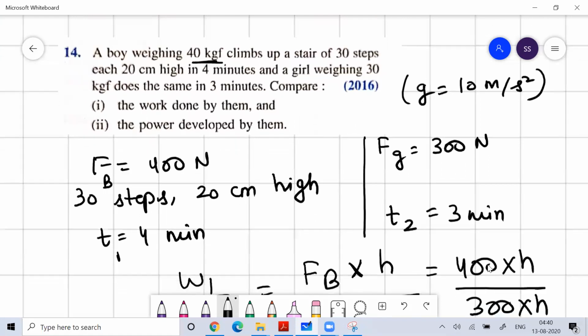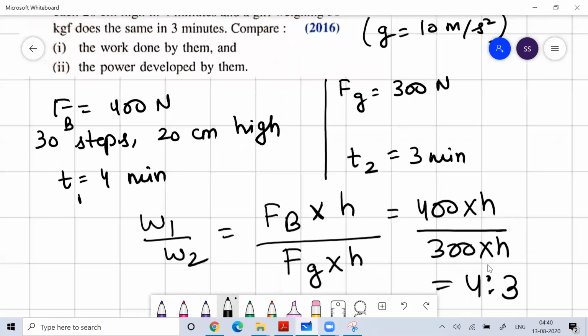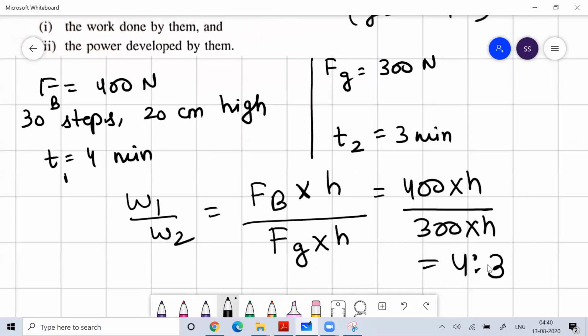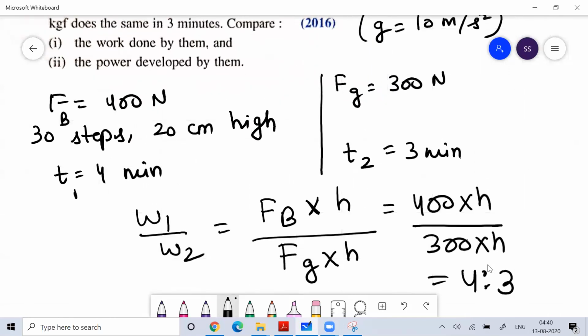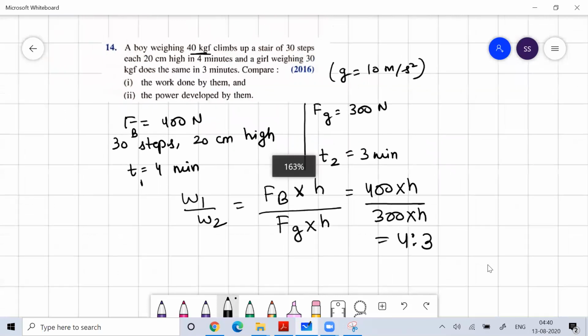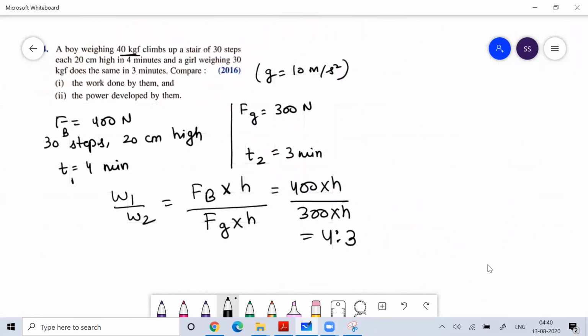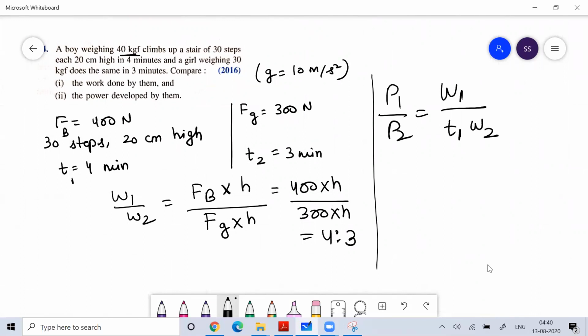And then time is given to you. Now you know the ratio of work done, that is 4:3. They're asking you the ratio of power. So you know that power P1 by P2 is nothing but work done by the first into time of the second, divided by work done by the second into time of the first.